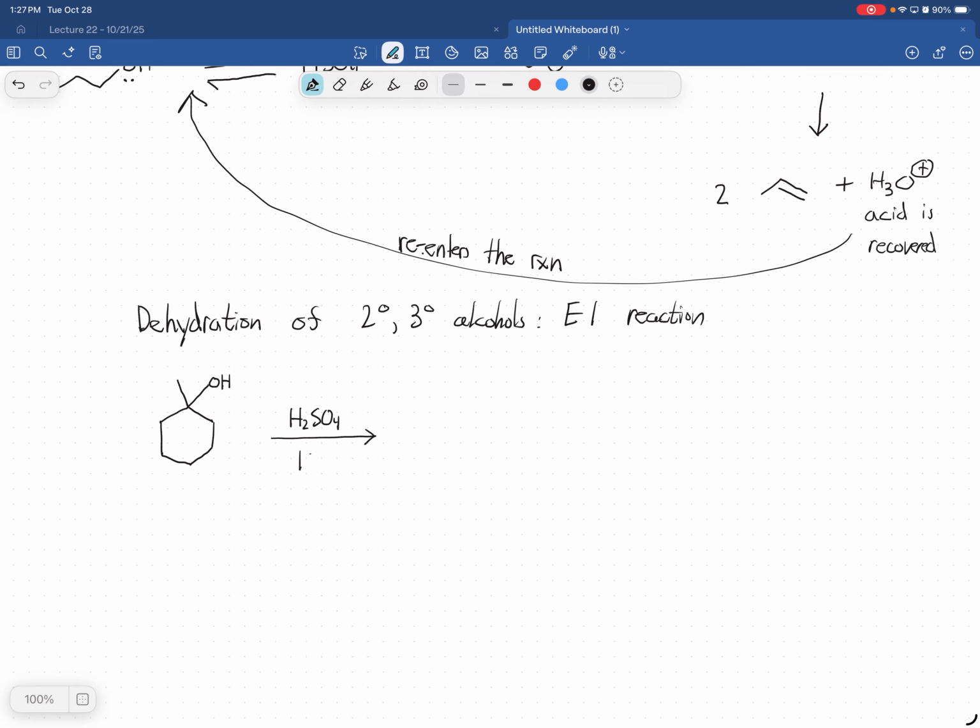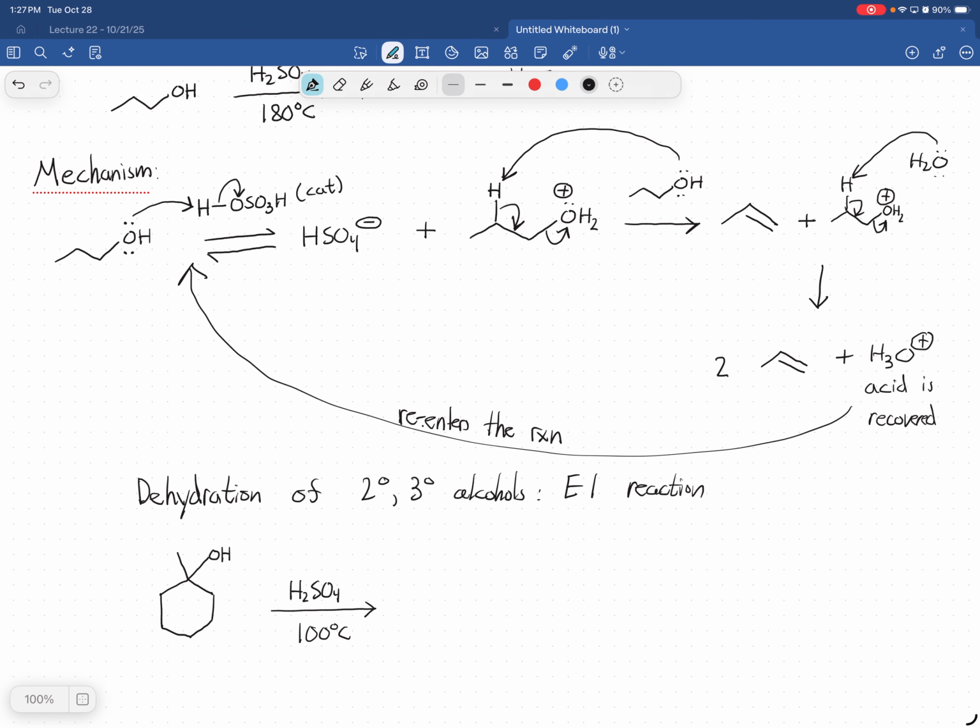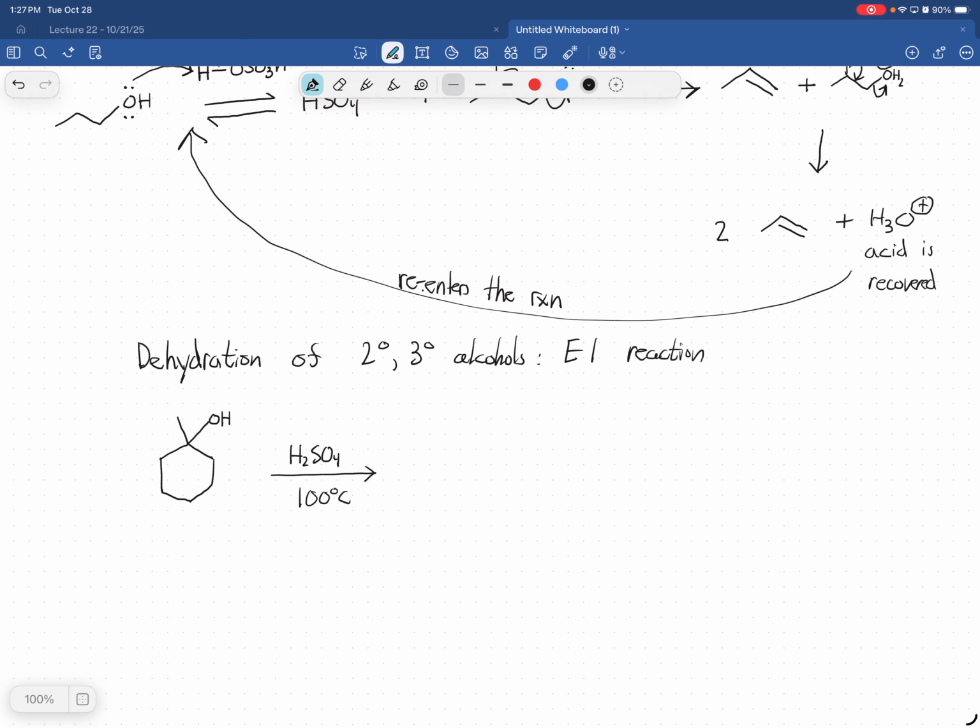So you notice here the temperature is decreased by a lot, by 80 degrees. And that's because it's easier for an alcohol to leave and form a carbocation because it's stable. For primary, we can't do that because a primary carbocation, like we saw, is not very stable. So that's why this one has reduced temperatures, but still does elimination.